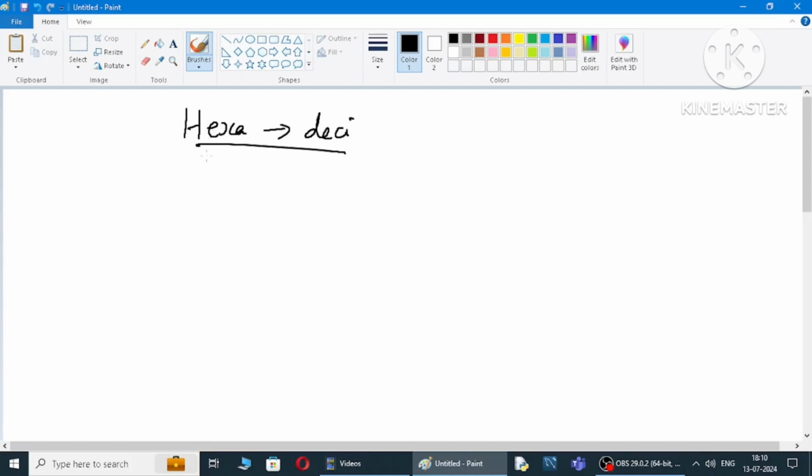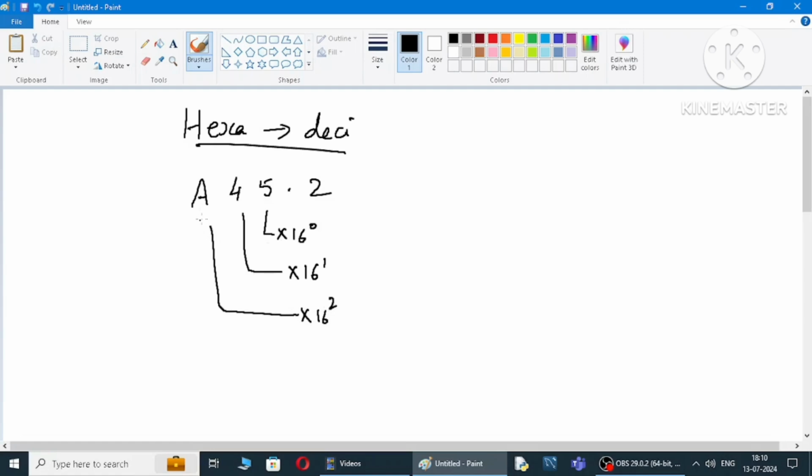So let us consider a hexadecimal number, say A45.2. Hexadecimal should use the powers of 16. So 5 into 16 power 0, 4 into 16 power 1, A into 16 power 2. Now how do you convert A? I already told you the number for A is 10 because A comes after 9.